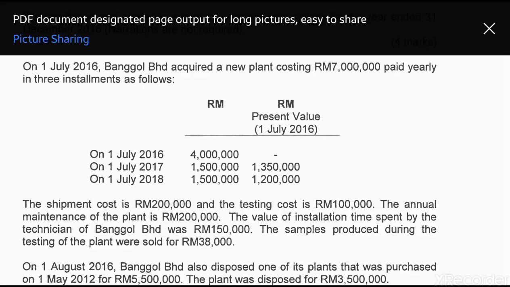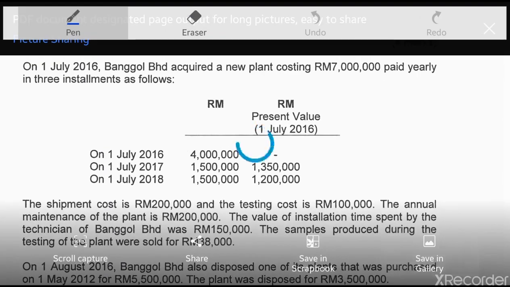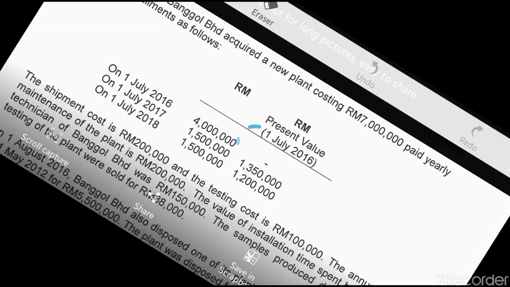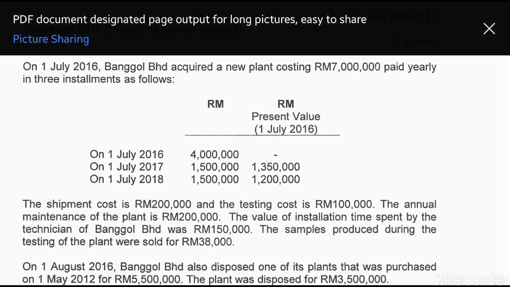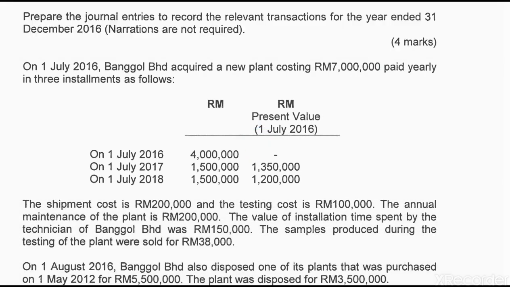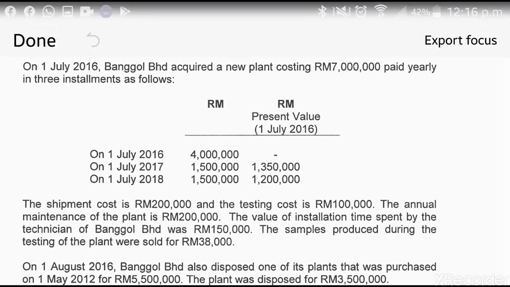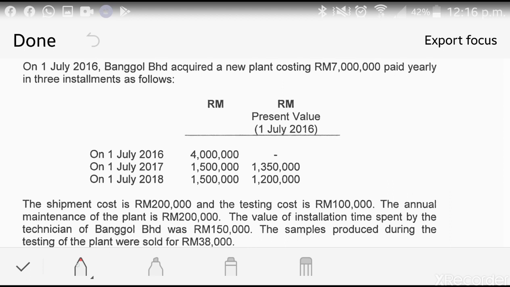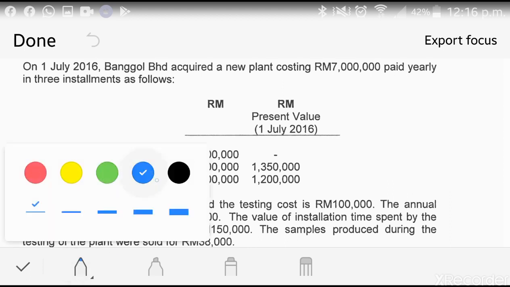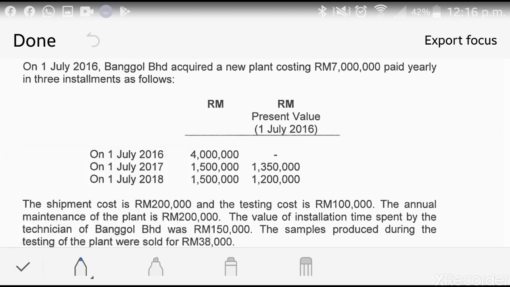Okay, so let's look at the plant that you have. Remember, we are doing the derecognition of plant.